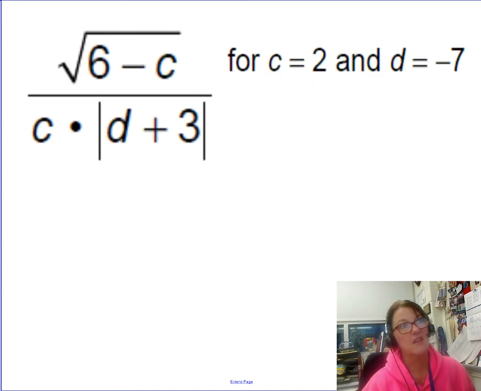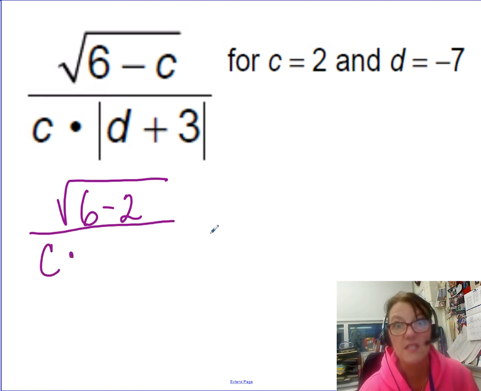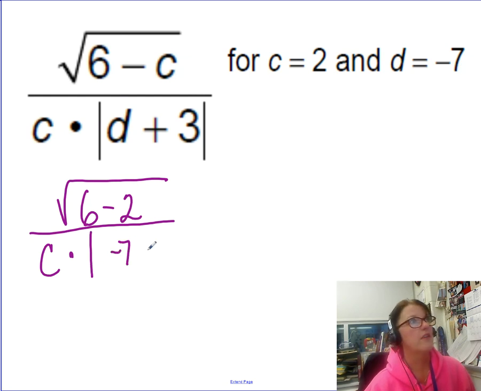How sweet is that? Sometimes maybe you have to evaluate some things, and please watch your negative signs because we have a tendency to drop them when you're trying to stack too much in your head and not write things down and show your work. Negative 7 is substituted for D.